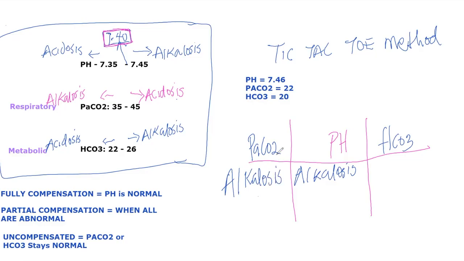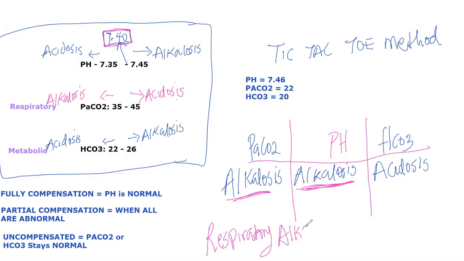And HCO3 of 20 is less than 22, and it is acidosis. So remember, we ask ourselves, which one matches my pH? The one that is matching my beautiful pH right now is my PaCO2. They are both alkaloses in nature. So I do have a respiratory alkalosis situation.